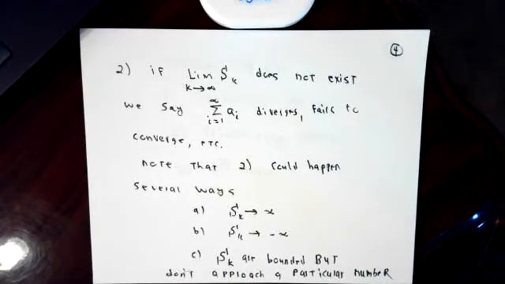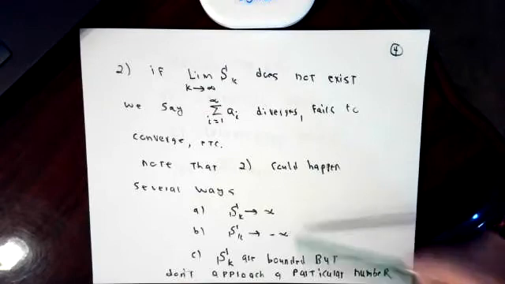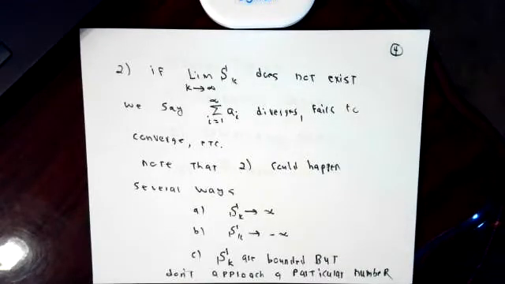It could be that the partial sums become big and arbitrarily positive as you allow the index to increase, that is, the partial sums tend to infinity. The partial sums could also tend to negative infinity. Another thing that could happen is that the partial sums are bounded, but even so, they don't settle down to any particular actual real number. If any of these things happen, we'll say that the infinite series diverges.